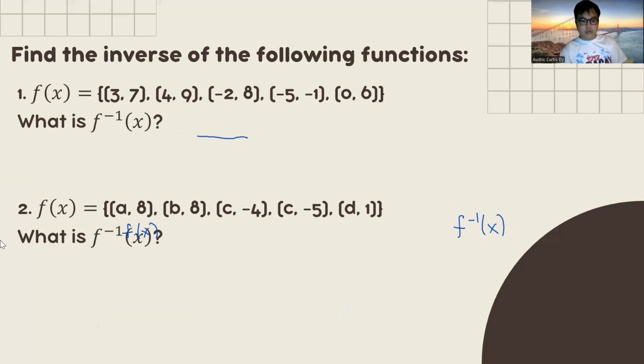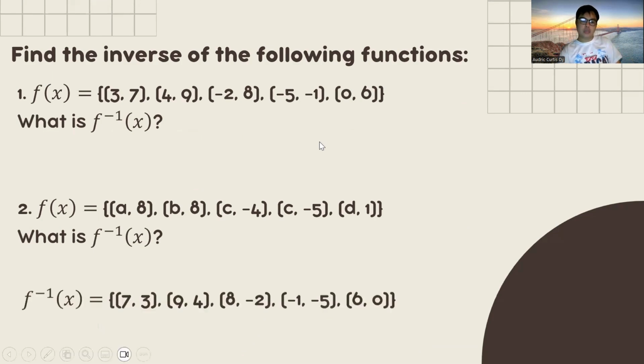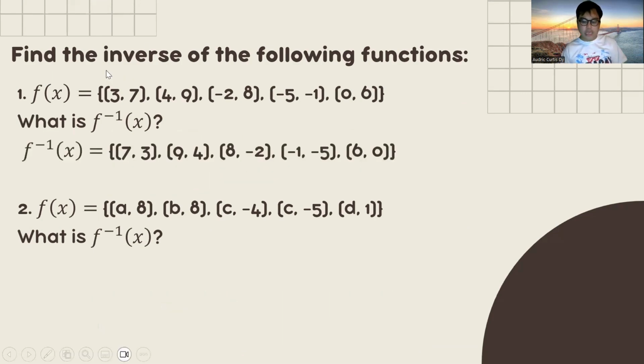Okay, so here, we're going to find the inverse of the following function given the ordered pairs. For the first item, as we see, they interchange the value of x with the value of y in terms of position in every ordered pair. So I will elaborate for this first ordered pair.